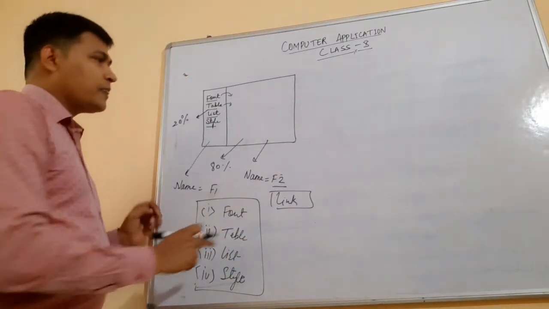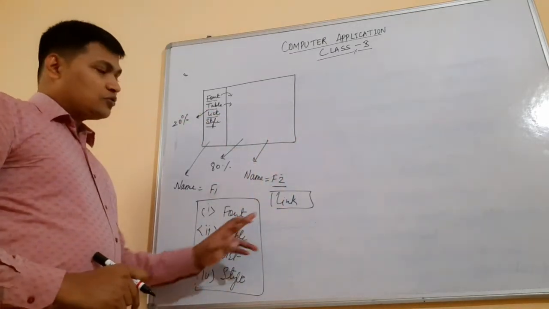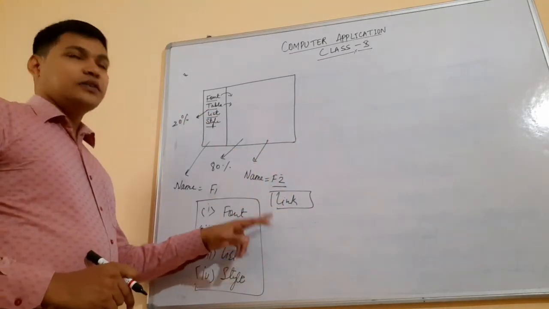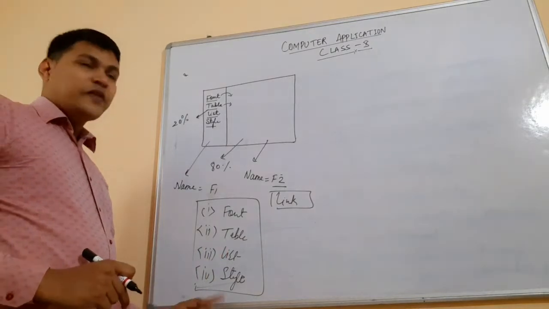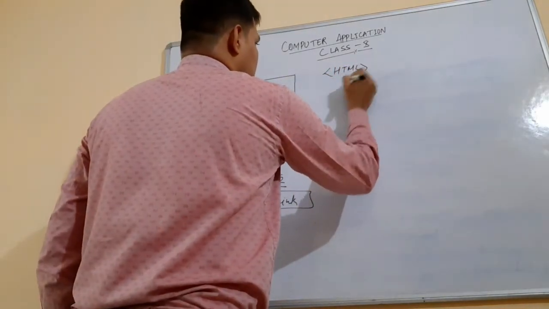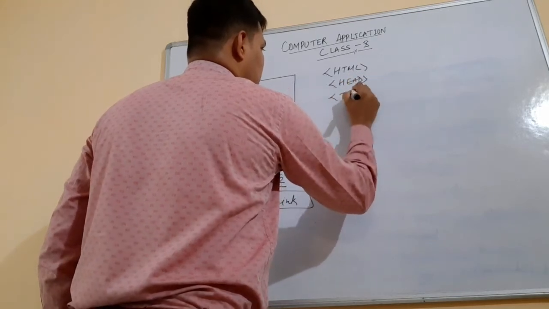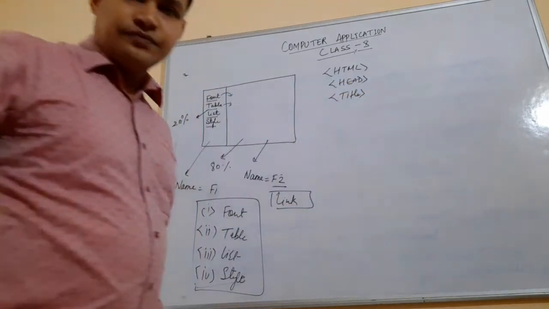How is it created? So I am going to write the code for the link file that contains the information about these four files. First of all, you have to write HTML, then head, then title.